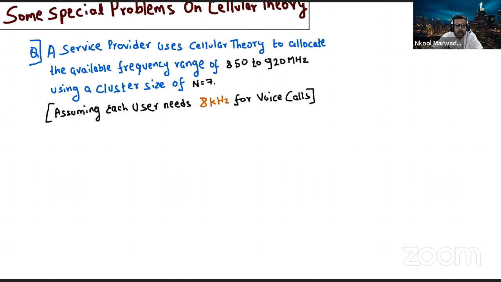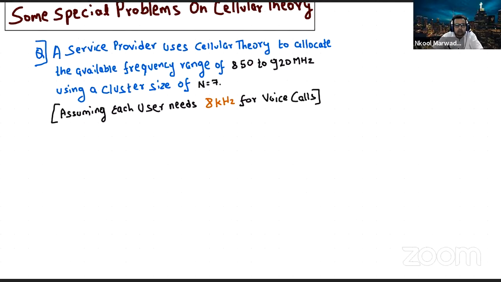So first we have to find the total number of users supported per cell.